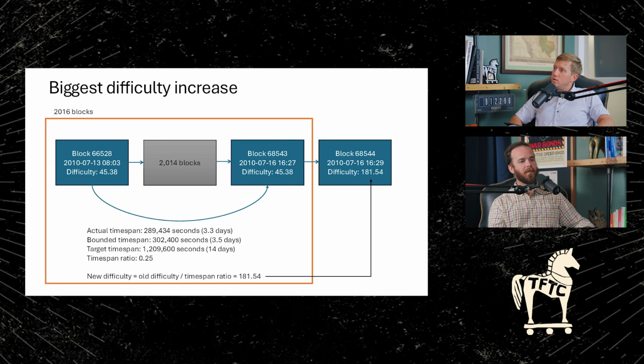Let's say you're mining and you put a timestamp in your block header that's 2 days in the future. Nodes would reject that as invalid. But if you put it 5 minutes in the future, it's fine. There's a limit to how far into the future you can put your timestamp, and that helps keep things honest. So is it 5 minutes? I don't know what the exact threshold is.